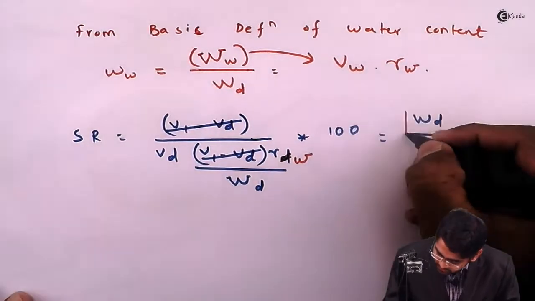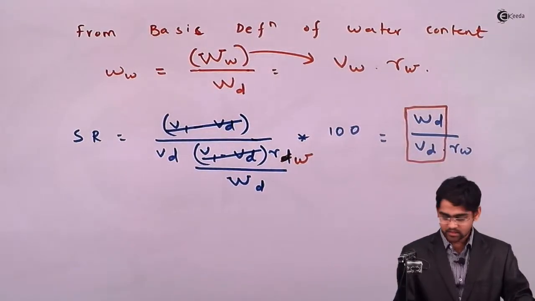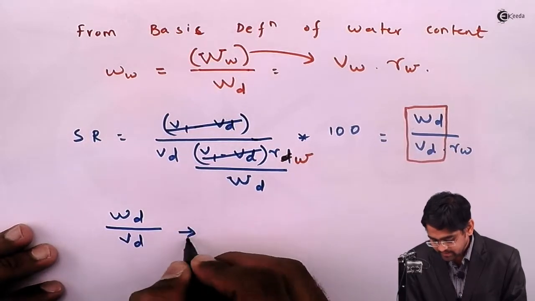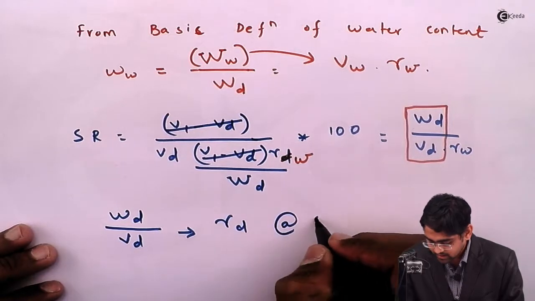So if you look over here, WD by Vd, what is it? WD by Vd is nothing but gamma D at shrinkage limit.